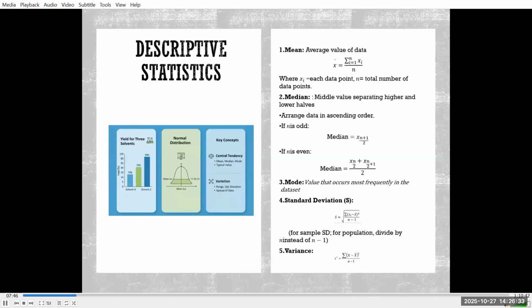The second way of descriptive statistics is the measure of dispersion or variability, so how spread out the data are around the mean. It has three different types of variability: range, variance, and standard deviation. Range is the difference between the highest and the lowest values.